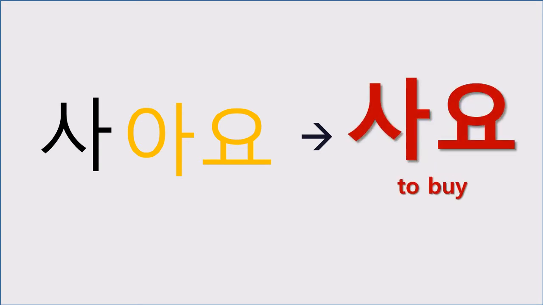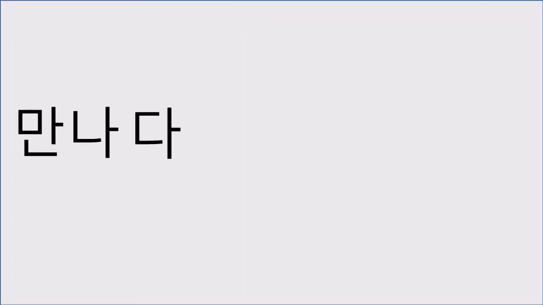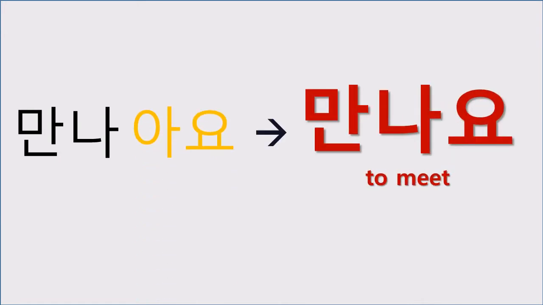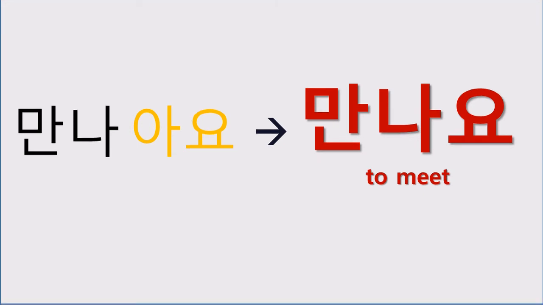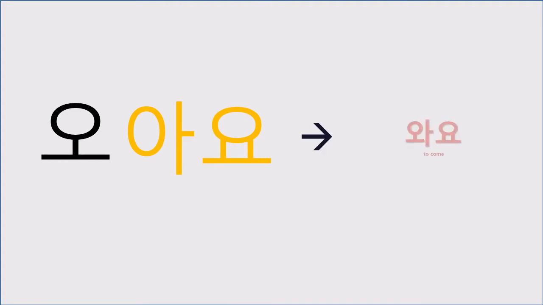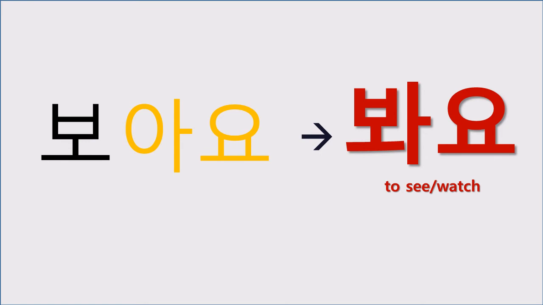Remove the da, add ayo, contract, a becomes 사요, to buy. 만나다 means to meet, so we remove da, we add ayo, we contract it, it becomes 만나요. 오다, to come, remove da, add ayo, becomes 와요. 보다 means to see. Remove da, add ayo because it's an o again. So for o, we need to add ayo at the end to conjugate it, and then we contract it and it becomes 봐요.